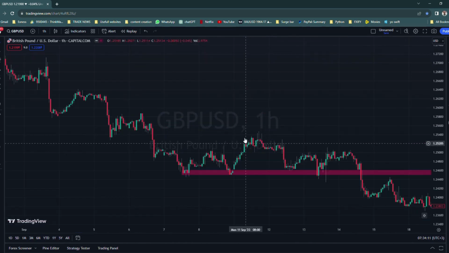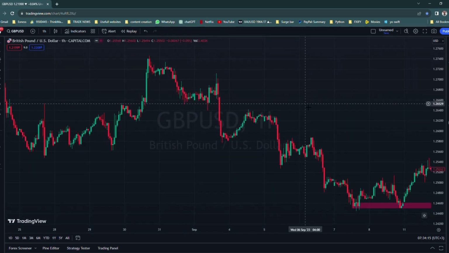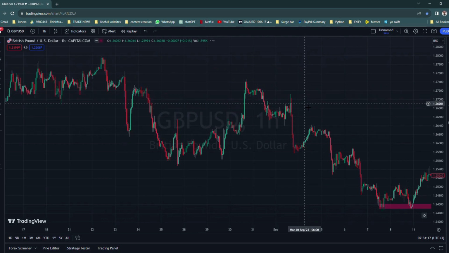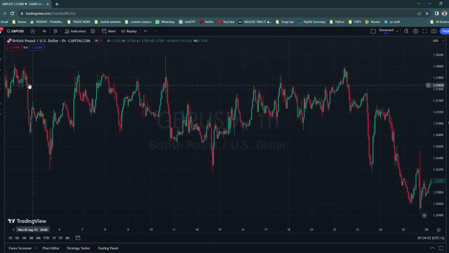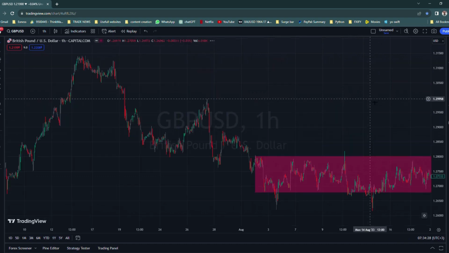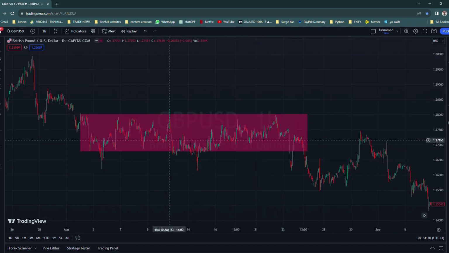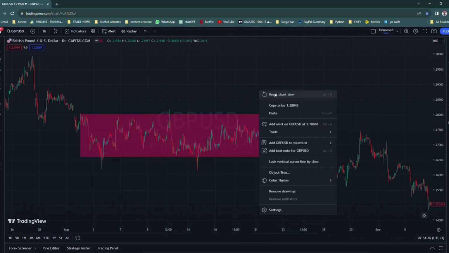Let's say you're trying to trade a GBP USD and you are not patient at all. So this is what is going to happen. For example, we have a range in the market for GBP, which is this. We have a range in the market, as you can see right there, and you're not patient to see how this range is going to go.